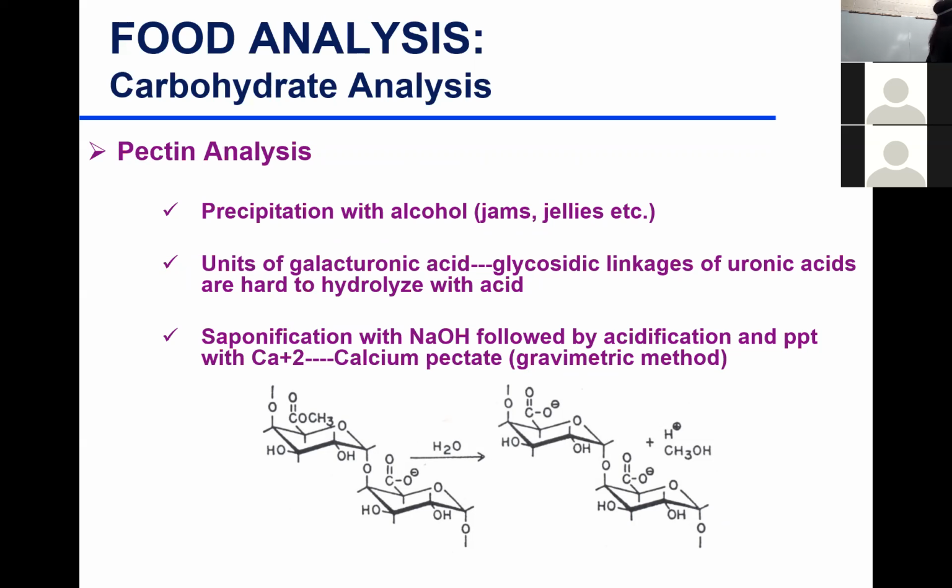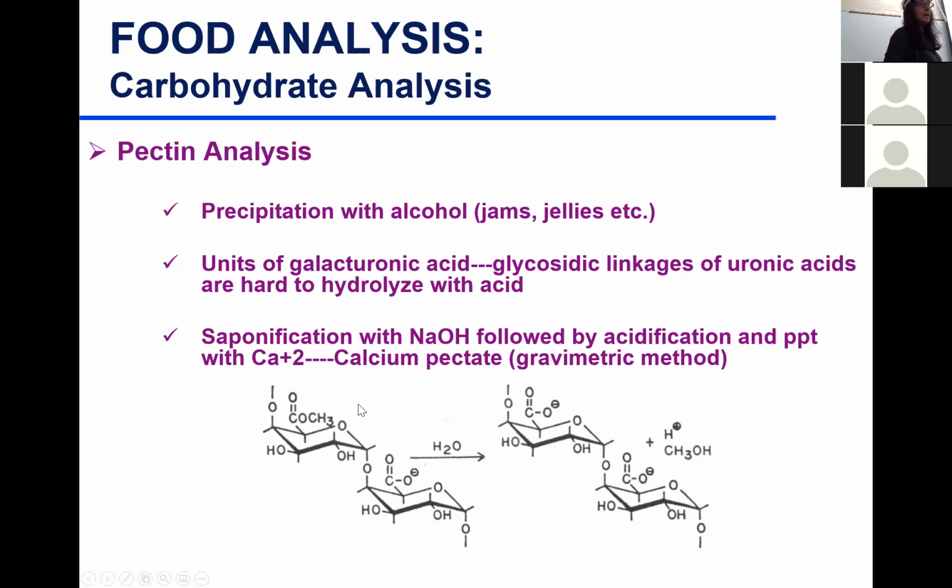So it will be measuring units of galacturonic acid. Here's the galacturonic acid: you have galactose as the sugar, and you have the acid group here, and sometimes it's methylated and sometimes not methylated.